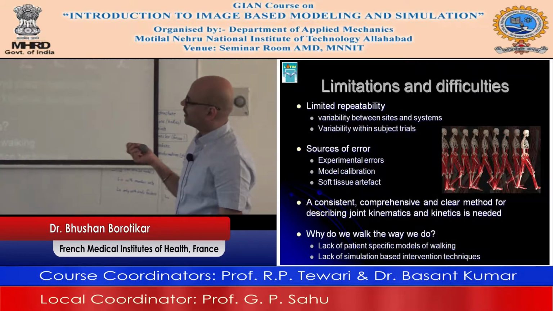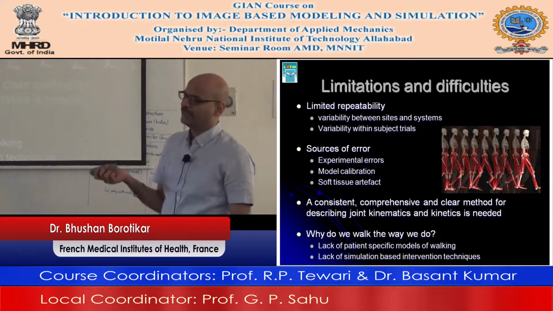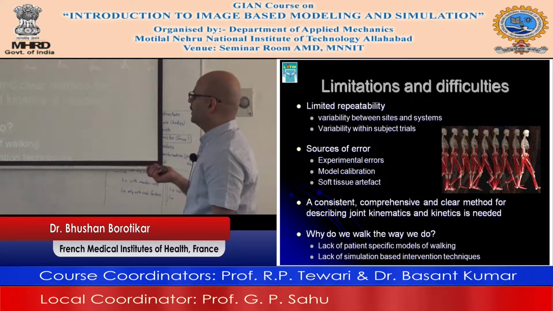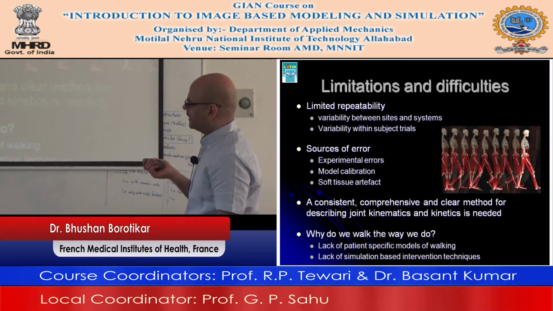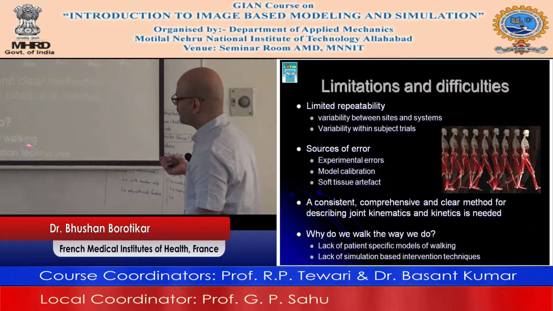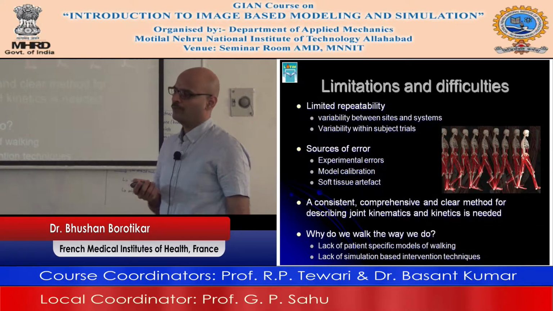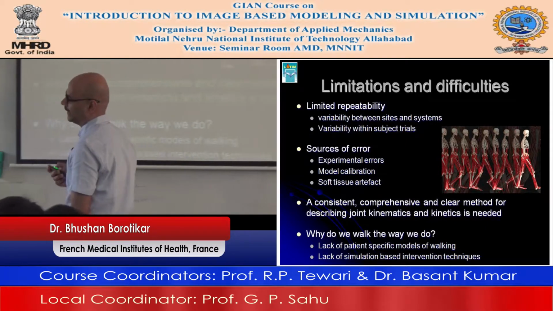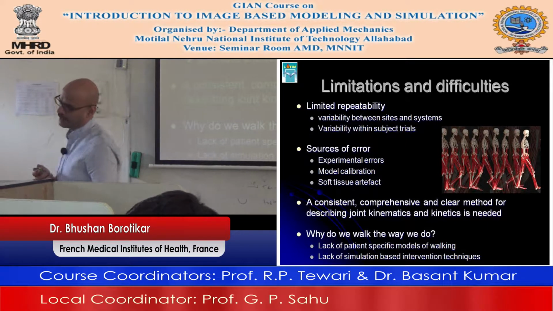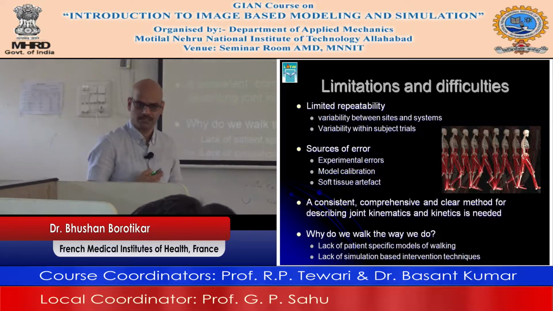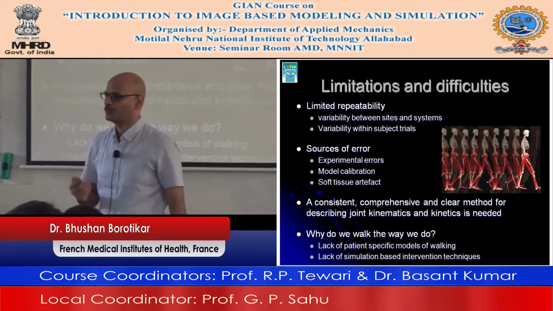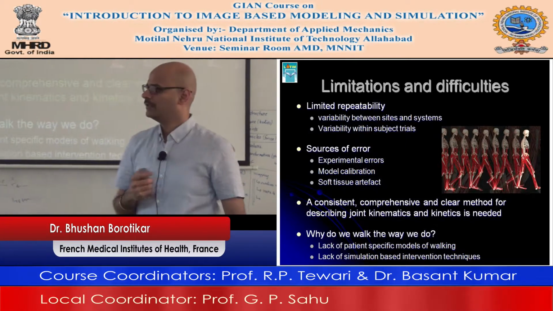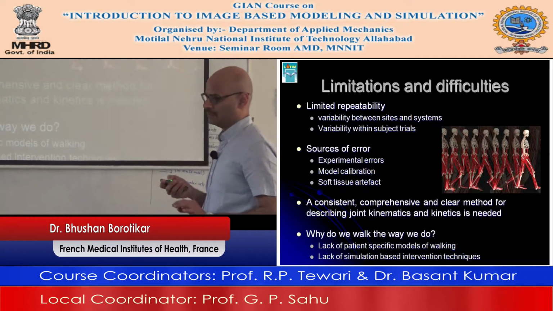Then we want to understand why we walk the way we do, or pathological walking. In that category, there is a lack of patient-specific models of walking. We don't have a model of walking for a Parkinsonian gait, ataxic gait, choreiform gait, or other gait patterns. We don't have these models to always go back and compare our results or our data. That's one of the big limitations.